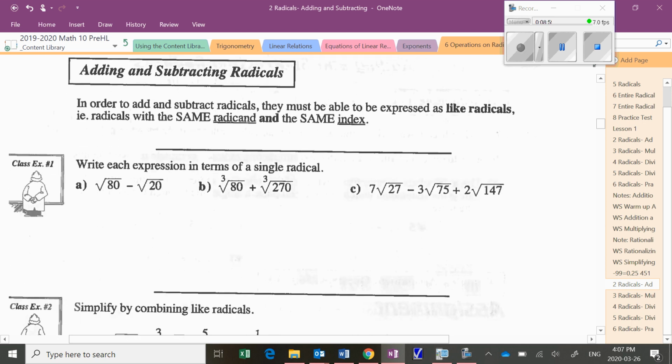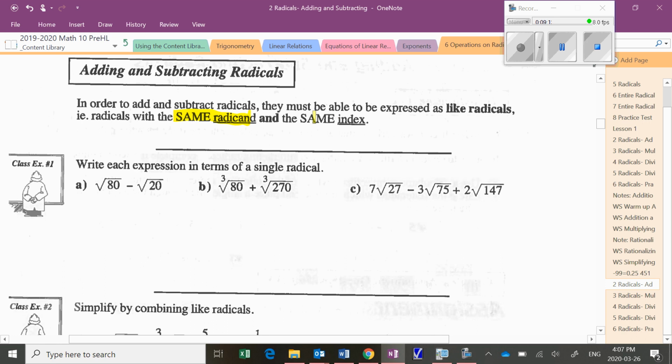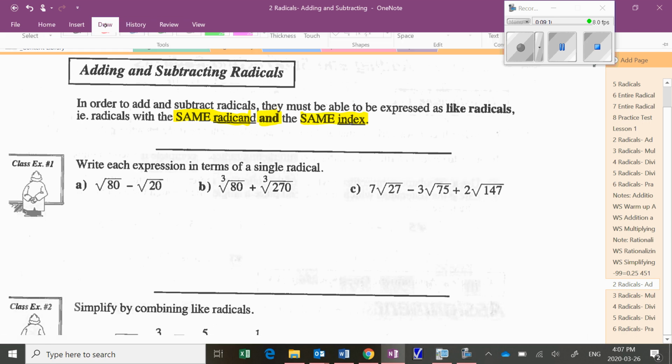Okay, so in order to add and subtract radicals, they must be able to be expressed as like radicals, and like radicals means having the same radicand and the same index, so it must be both.